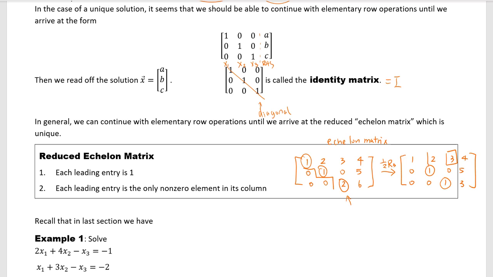How do we do it? We can add -3 times row 3 to row 1. So 3 minus 3 is 0, and then 4 minus 9 is -5.